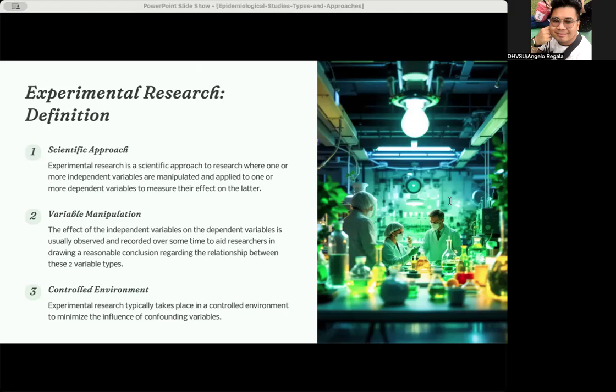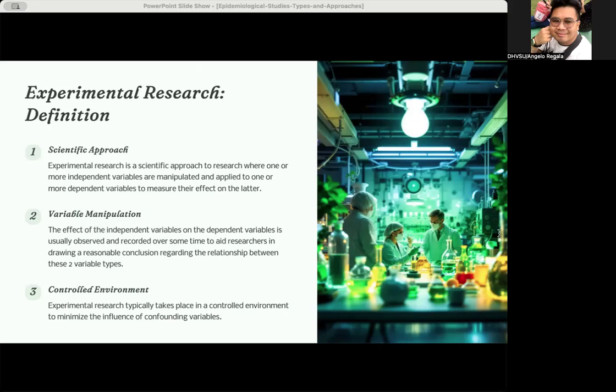So basically, experimental epidemiological study is where you confirm the cause and effect relationship of the factors that you observe in your observational studies.